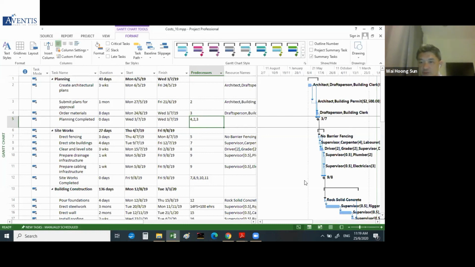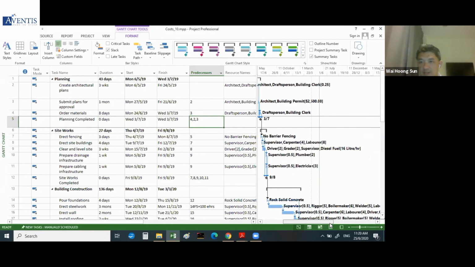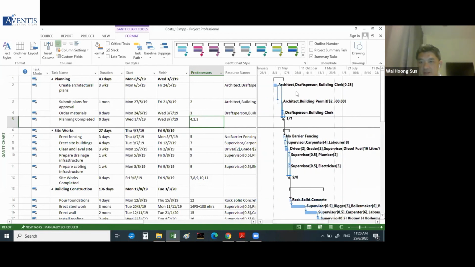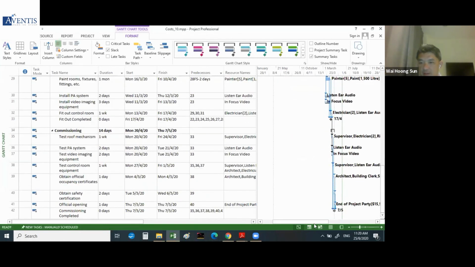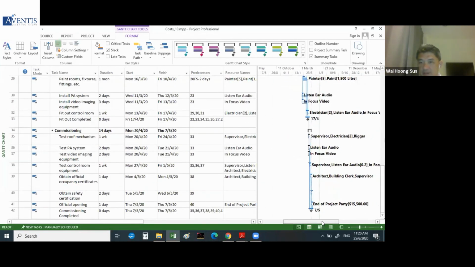If you go to here, this is the Gantt chart. Create architectural plans takes 3 weeks, so you could see the duration here. You could see the people working on the task, all the way until the end of the project.